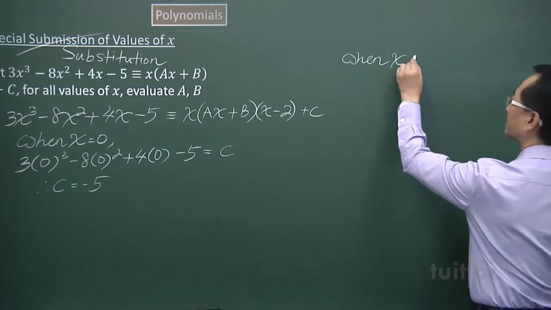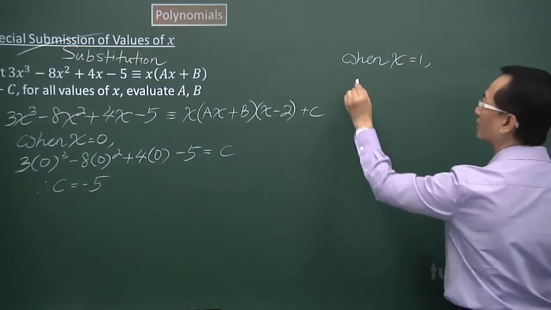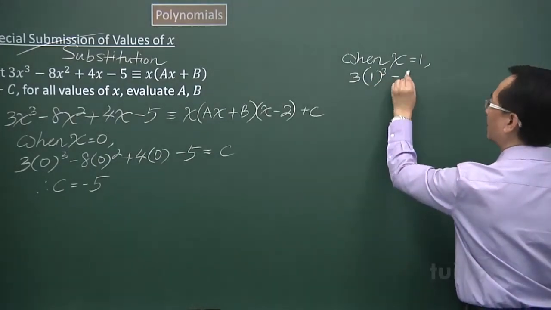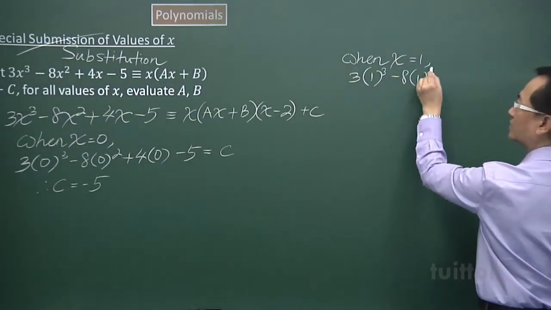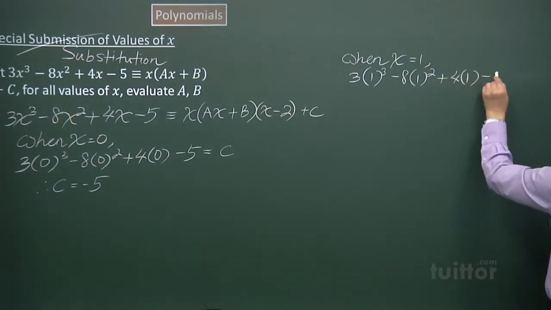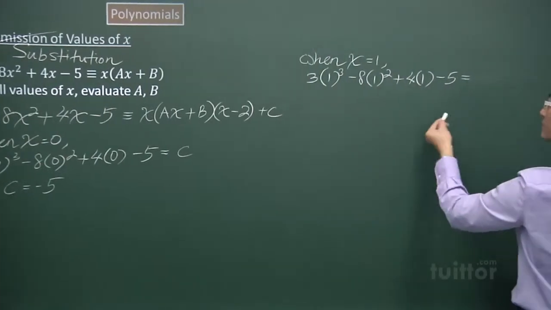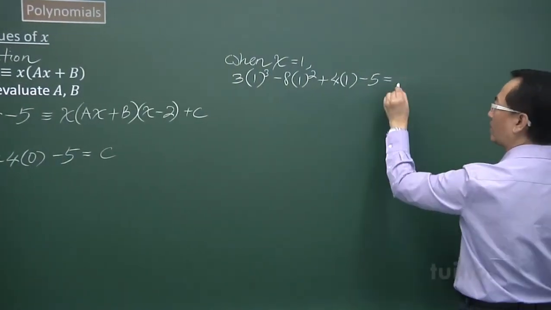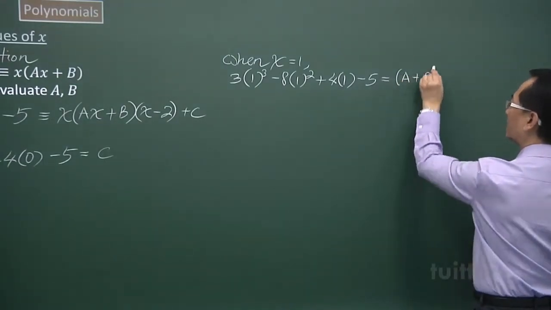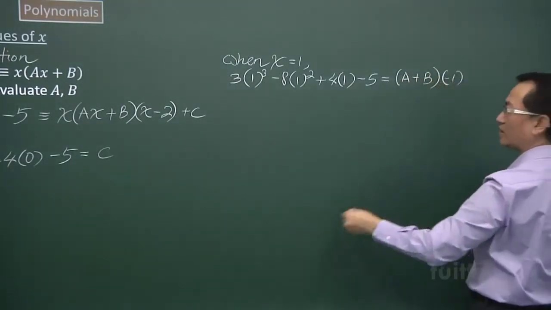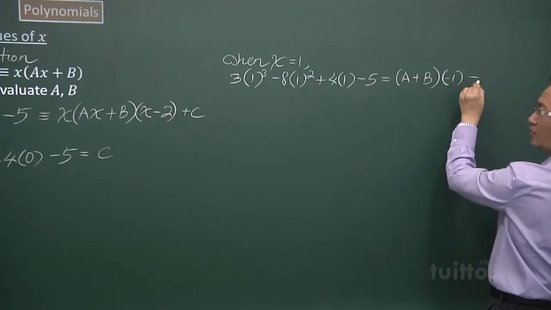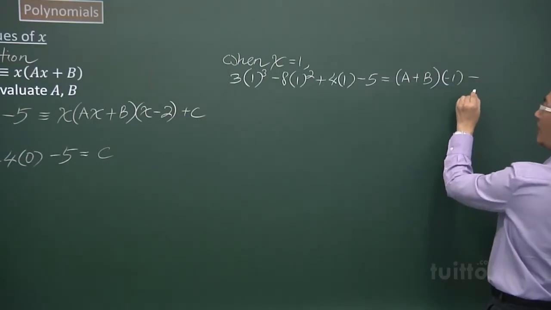So when x is equals to 1, I have 3 bracket 1 cubed minus 8 bracket 1 squared plus 4 bracket 1 minus 5 equals to, x will be 1, then I have a plus b, then times the minus 1, because 1 minus the 2 is just minus 1. The c will now be negative 5.